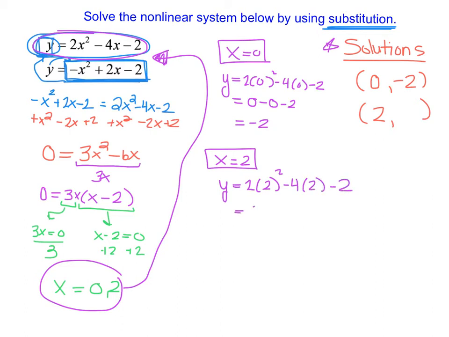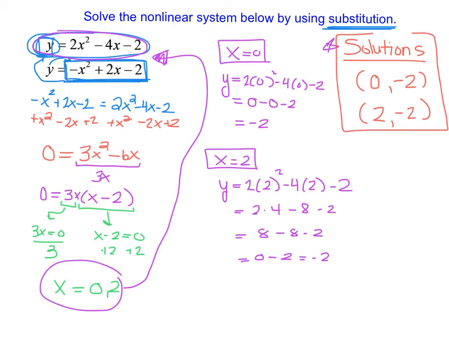So this becomes 2 times 4 minus 8 minus 2, which becomes 8 minus 8 minus 2, which is 0 minus 2, which is negative 2. So our second coordinate here is x is 2, y is negative 2. So here we have found the 2 points where, if we were to graph these two quadratic parabolas, these are the 2 points where they would cross.